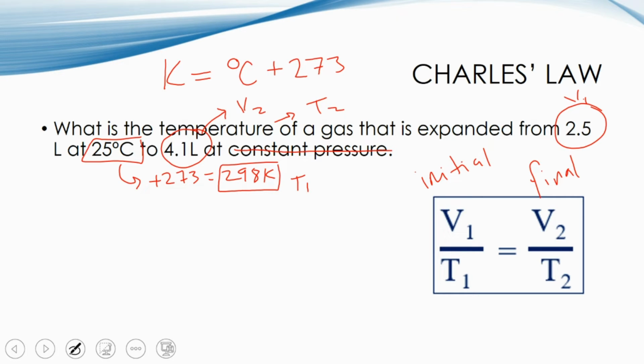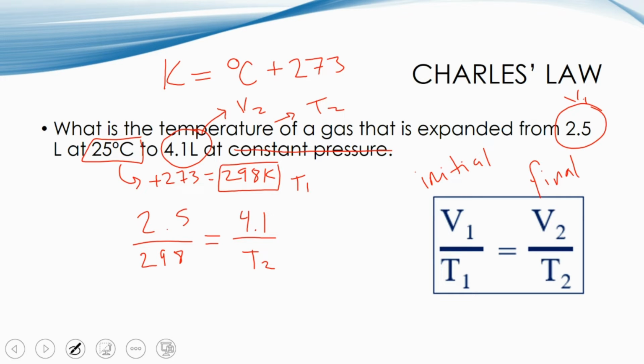So now that we have all of our variables labeled, we just need to use our equation. Now what I'm going to do here is just set it up. For V1, we stated that was 2.5. For temperature 1, it's going to be 298. Then our volume 2 is 4.1, and our temperature 2 is what we're looking for.